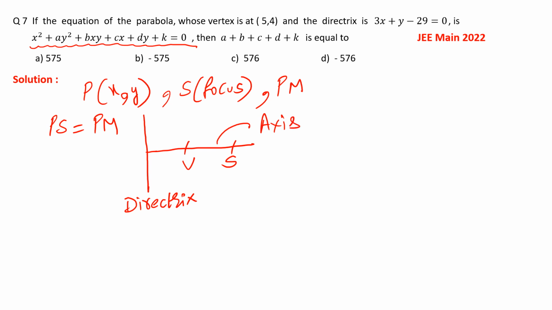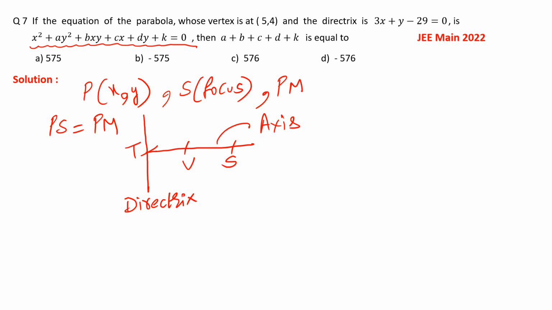The point of intersection of axis and directrix, suppose I call this point T, then V will always be situated at the midpoint of S and T. By using this basic property, I will be able to get the coordinates of the focus.